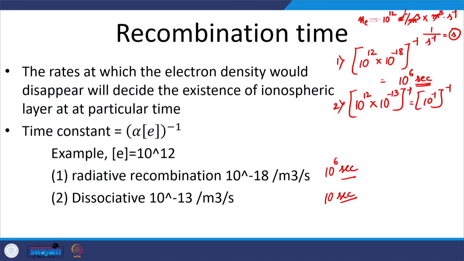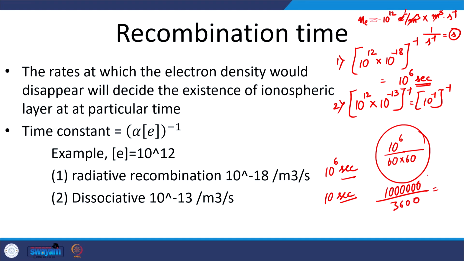Now, you see 10 to the power of 6 seconds corresponds to, if you divide it by 60, you will get minutes, then again you will divide by 60, you will get hours, okay, and then you can convert into days.